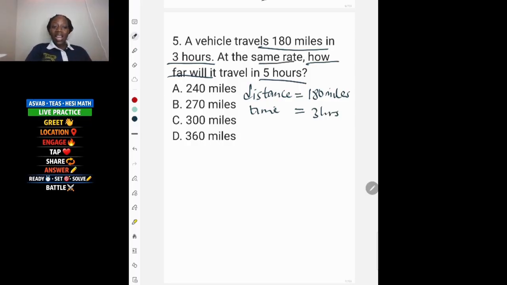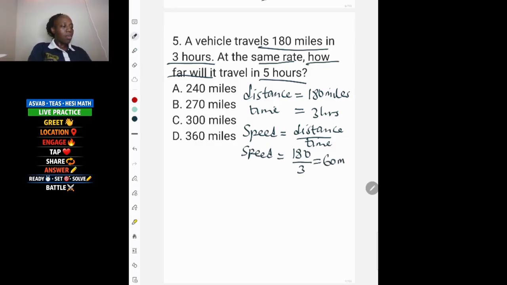Rate is like speed, right? So we can find speed here. Speed is distance over time. What is distance? 1 area divided by 3, and that would be 60 miles per hour.